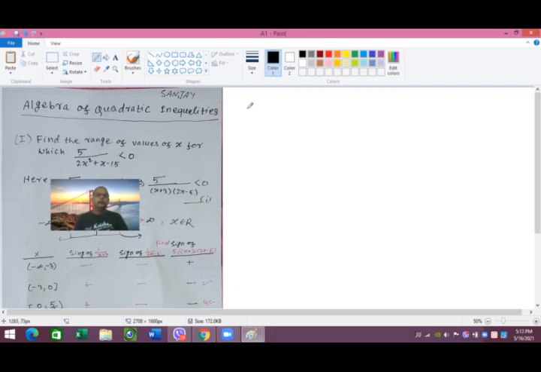The denominator is 2x squared plus x minus 15. If you factorize this, it is going to be 2x squared, and if you multiply 2 times 15, it is going to be 30. So we have to work for 30, so here you can write 6 minus 5, which is 1, times x, since 6 times 5 is 30, and then minus 15.